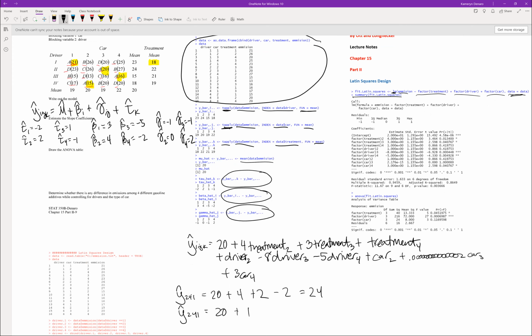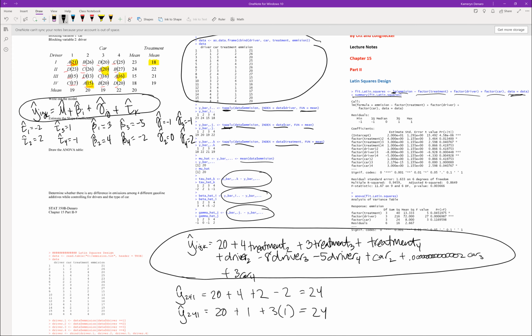And then we said car 4, right? So plus 3 times 1. And if we double check, regardless of whether we use this model parameterization that we have up here, or what was output from our model, the prediction for y hat 2, 4, 1 is exactly the same, and it better be. But we're happy that it didn't matter which one we used.